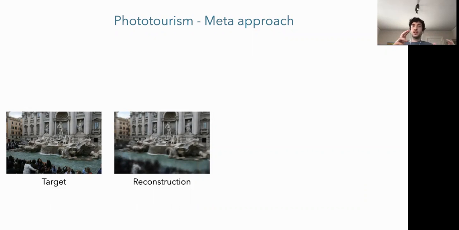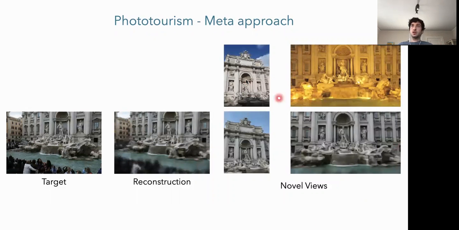But the minute you move the camera, it would look bad again. This is the exact same as the chair case. However, in our case, since we are working from these meta-learned initializations, we can move the camera to match the pose of these top images. And we see that we get meaningful results that are now in the style of the target image that we've test time optimized for.